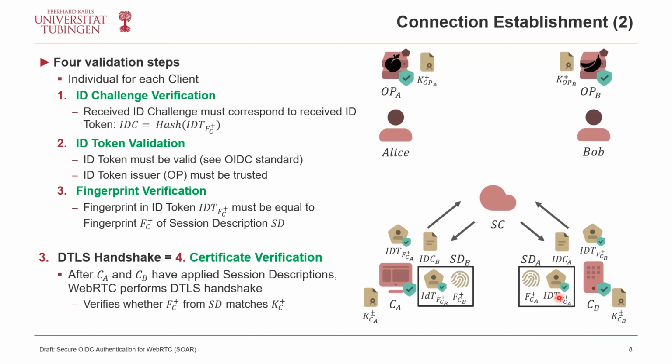And this is done fully automatically by WebRTC, because, as I said, they will exchange their public keys in the DTLS handshake. Then WebRTC will automatically verify that the public key provided by Alice's client corresponds to the fingerprint received in session description A. That was a question.